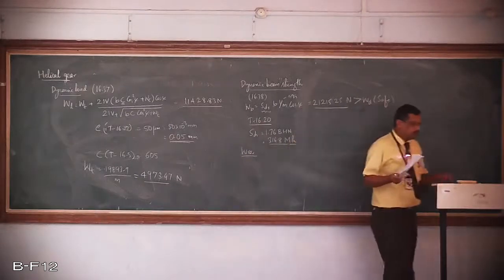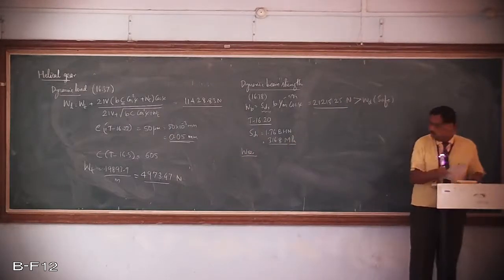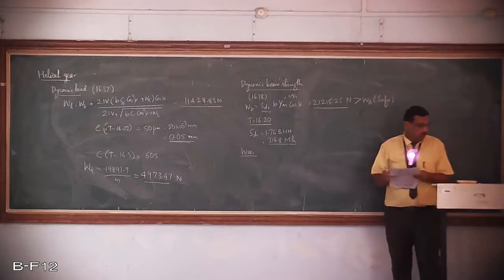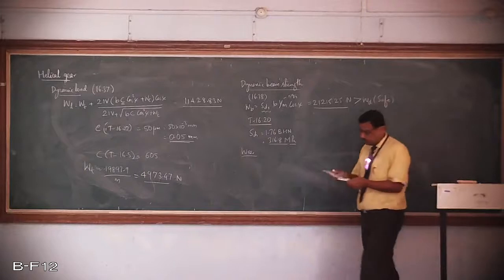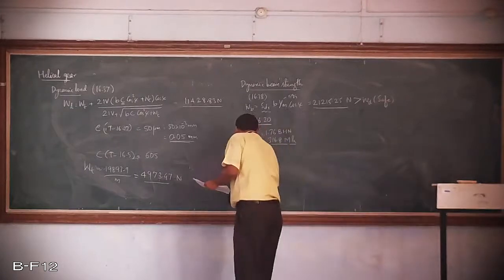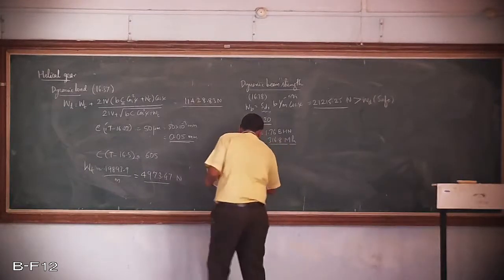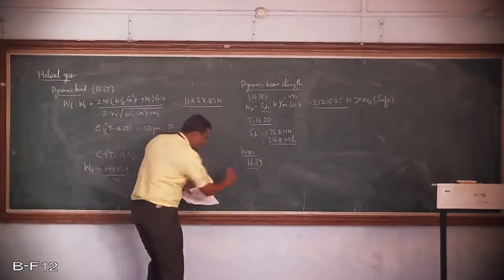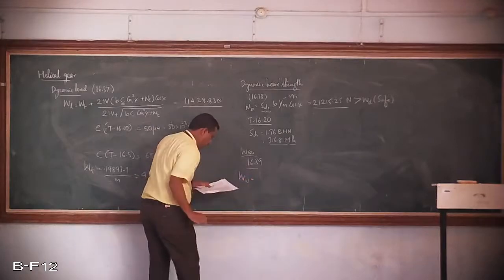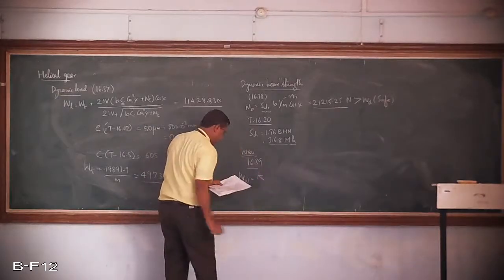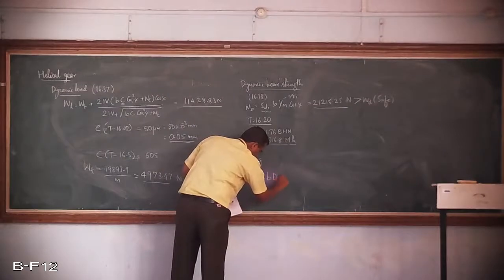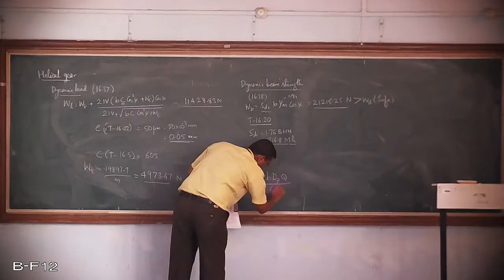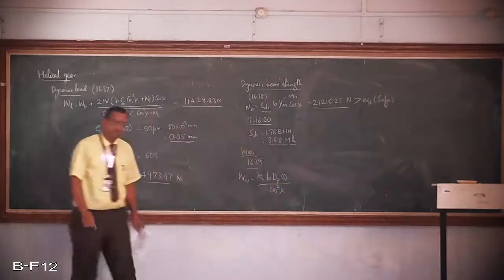The equation for the wear is given as equation 16.39, where wear load equals K times load stress factor into B into pinion into Q divided by cos square of psi. This is the equation for the wear load.